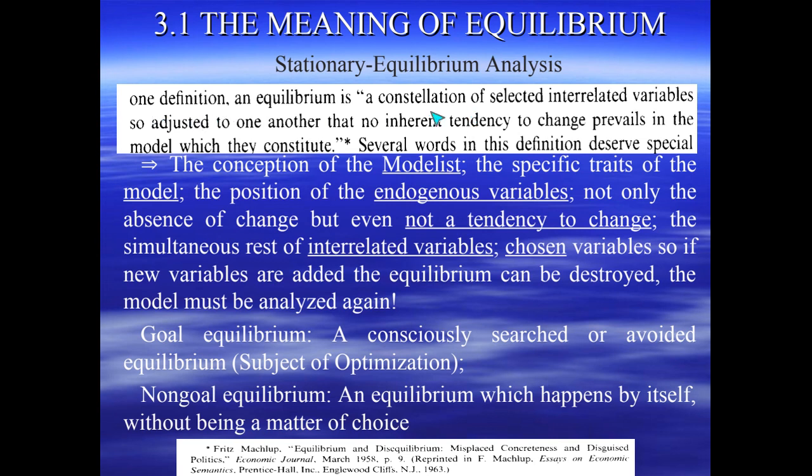He says an equilibrium is a constellation of selected interrelated variables so adjusted to one another that no inherent tendency to change prevails in the model which they constitute. So this is a very good definition, which is not only used in economics, but can be used in any science, any discipline, because it is a very general definition of equilibrium.